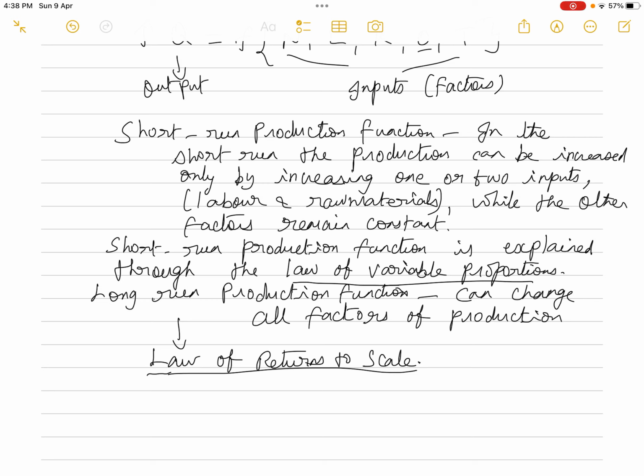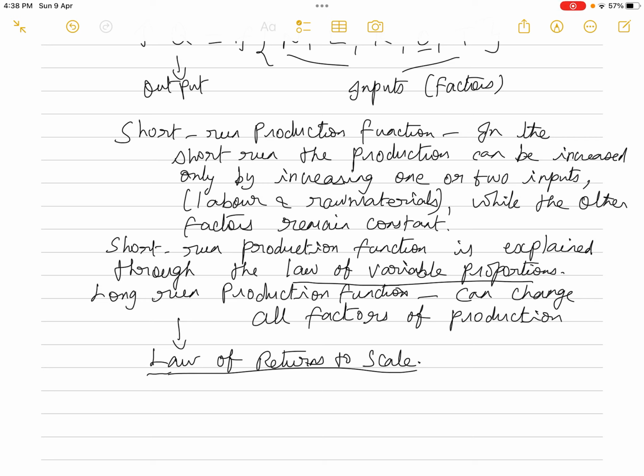The law of variable proportions explains, in the short run, at which stage of production the producer has to stop the production so that he will get the maximum profit. The law of returns to scale explains at which point the producer has to stop the production in the long run, when he can change all the factors of production.